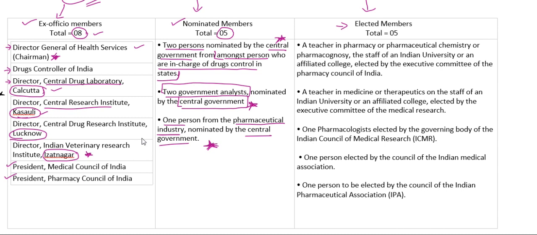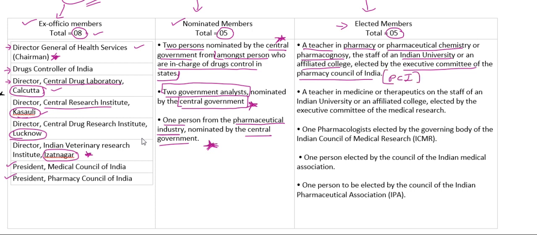Next, going to the elected members. We'll have a total of 5 elected members in DTAB, or Drug Technical Advisory Board. A teacher, basically from the pharmacy background, either from pharmaceutical chemistry or pharmacognosy or pharmacy, who is a staff member of an Indian university or affiliated college, and is elected by the executive committee of PCI, the Pharmacy Council of India.